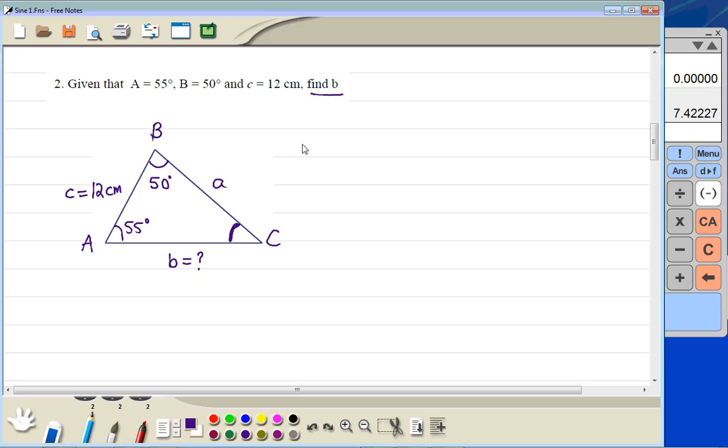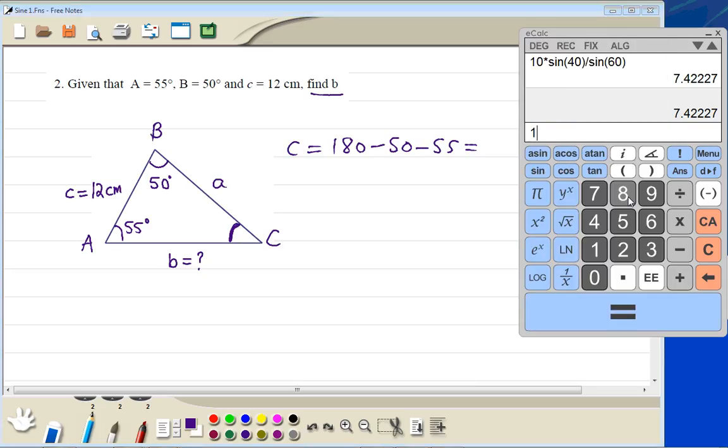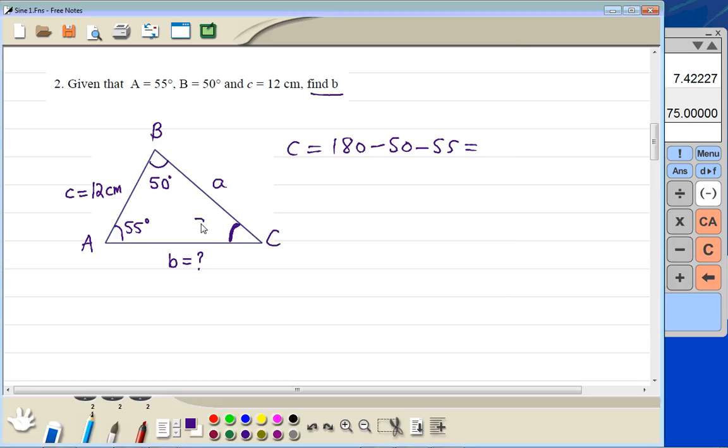So we can just say here C is going to be equal to 180 minus the other 2 angles. 50 and 55 is 105. Take away from 180 is going to be 75. Just because we have a calculator, let's double check. 180 take away 50, take away 55 equals, so this angle is 75.